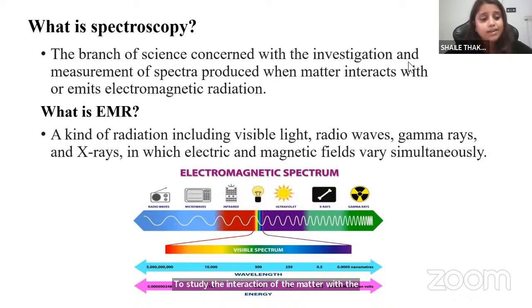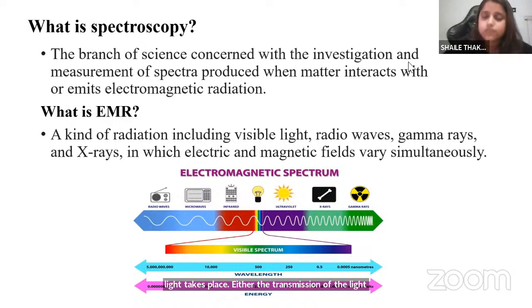Whenever our matter, meaning the sample, interacts with light, two or three things happen: either absorption of light takes place, transmission of light takes place, or scattering of light takes place.